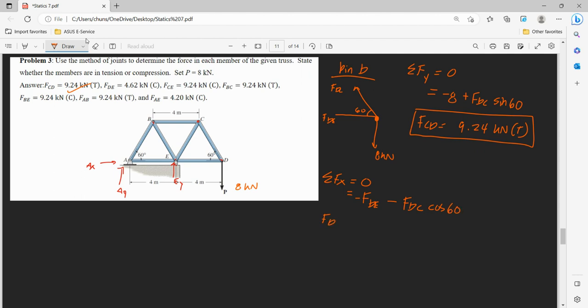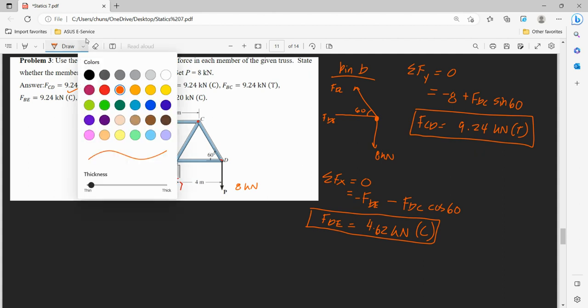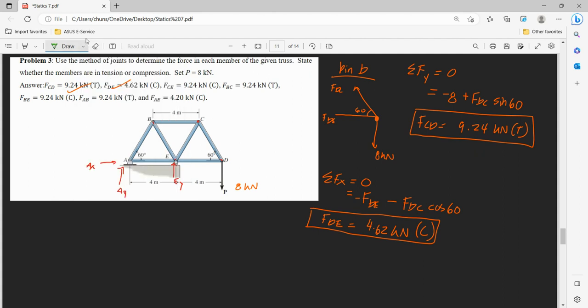So then FDE is going to be in compression, so this is FCD times cos 60, and this is 4.62, and it would be negative, so this is in compression. Okay, and that matches. Okay, next I would look at pin C.